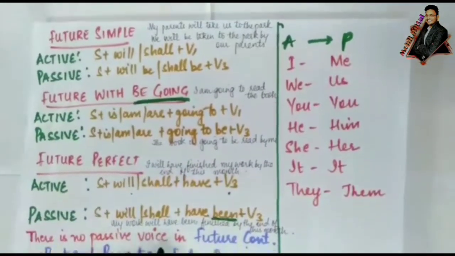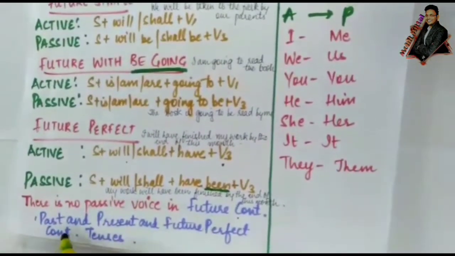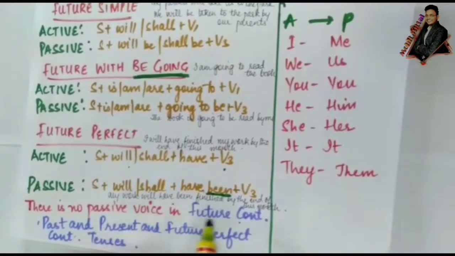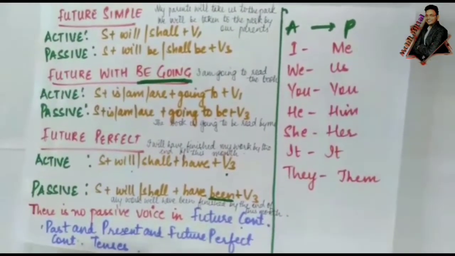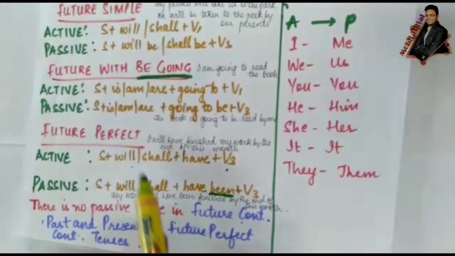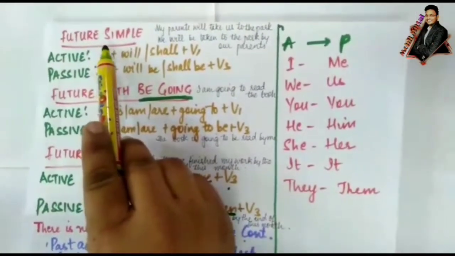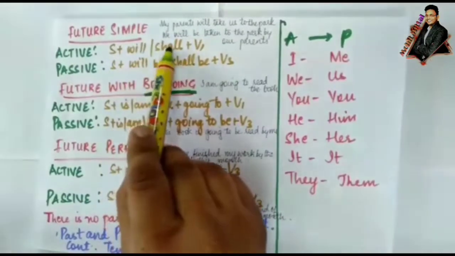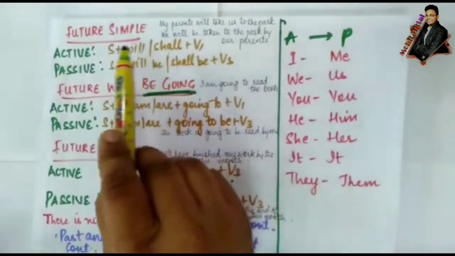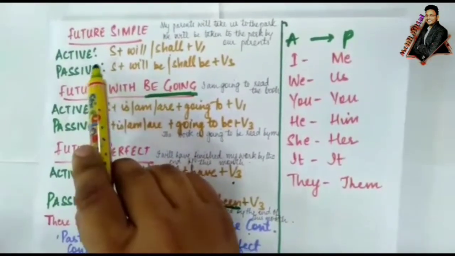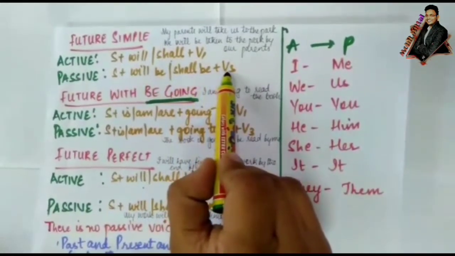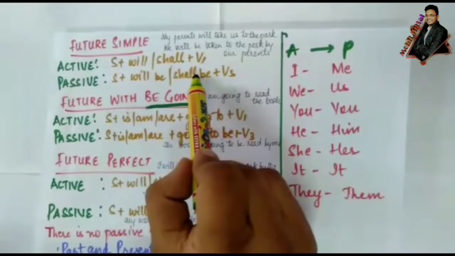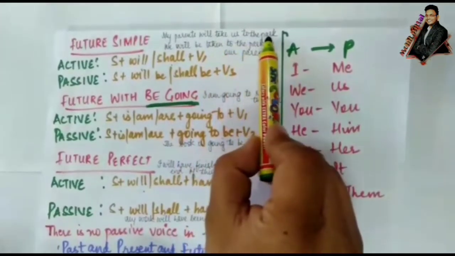There is no passive voice in future continuous and future perfect continuous tenses. Now let's talk about future actions. Subject plus will/shall plus first form of the verb. And when we convert it into passive voice: subject plus will be/shall be plus third form of the verb. For example, my parents will take us to the park.